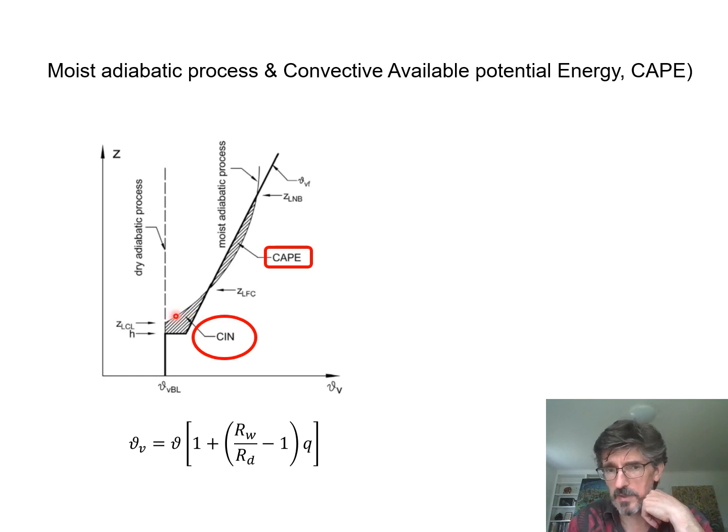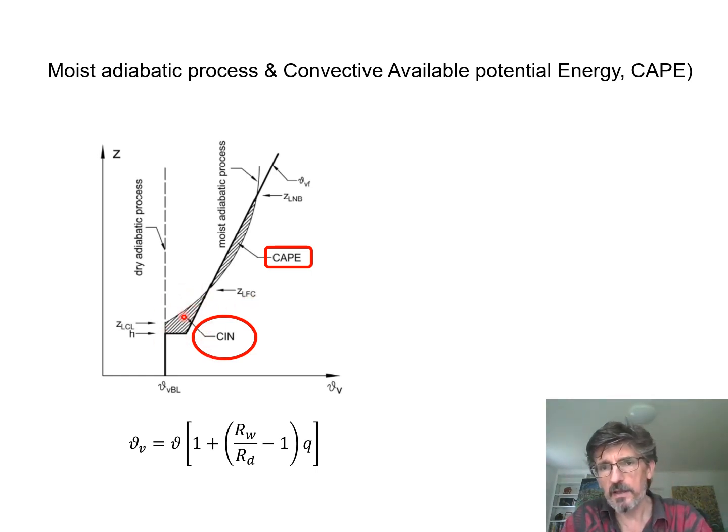So being colder, it's heavier and it's not buoyant. And so this is not conducive to further buoyancy and therefore to convection. That's why the area of this curve here, without getting into the details, is called convective inhibition energy, because the convection is inhibited here.